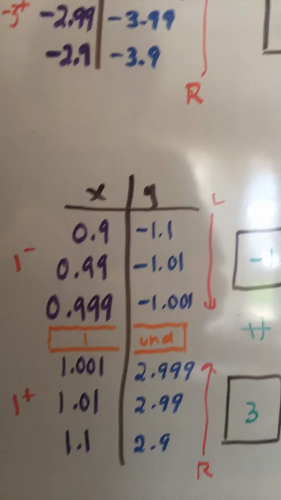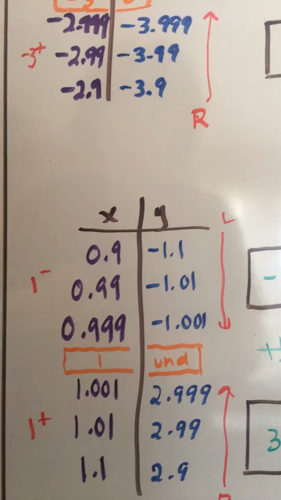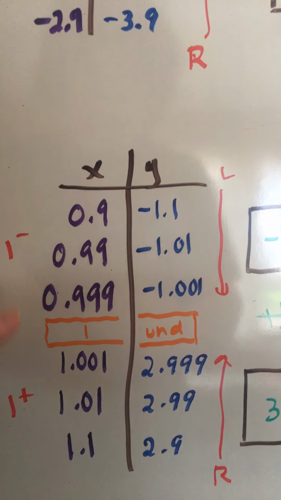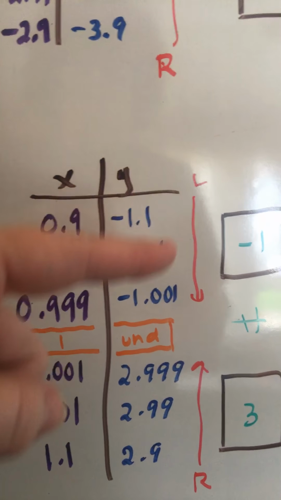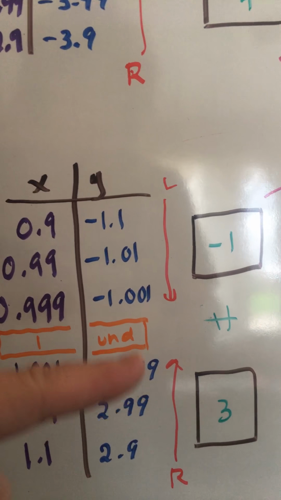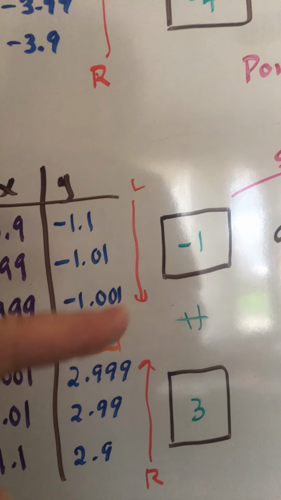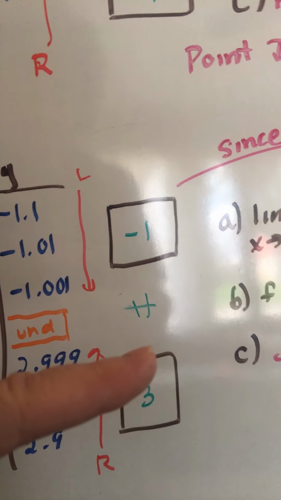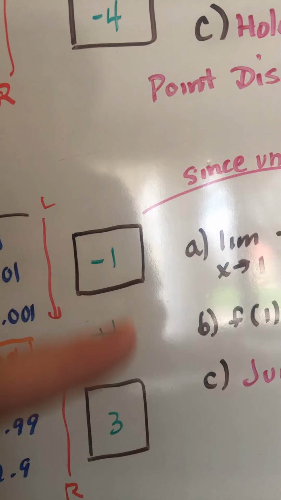Now we're moving to another type of discontinuity. And so I'm looking at the number 1. I'm going to look from the left and from the right, from below, coming in from above. Note this one, itty-bitty steps to -1, itty-bitty steps to 3. They're not equal. So notice they're both real numbers, but they're not equal.